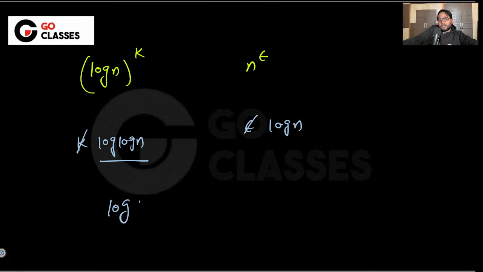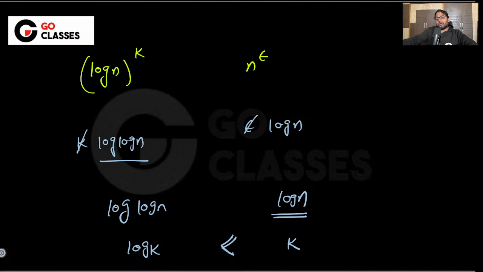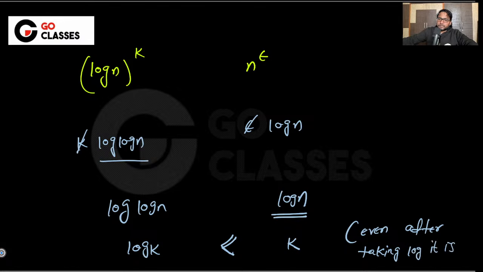Between log n and log of log n, definitely log n is greater. Even after taking log, it is strictly greater. So originally it must be strictly greater, right?